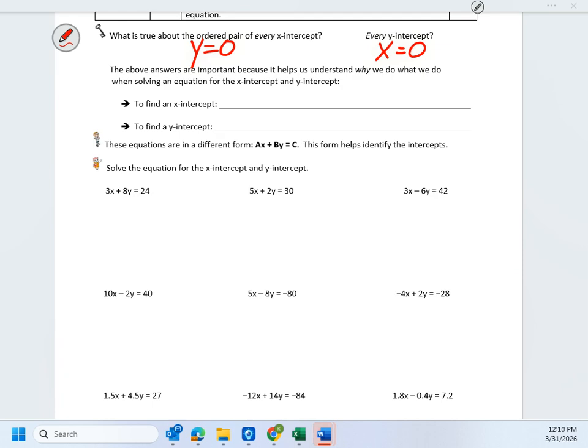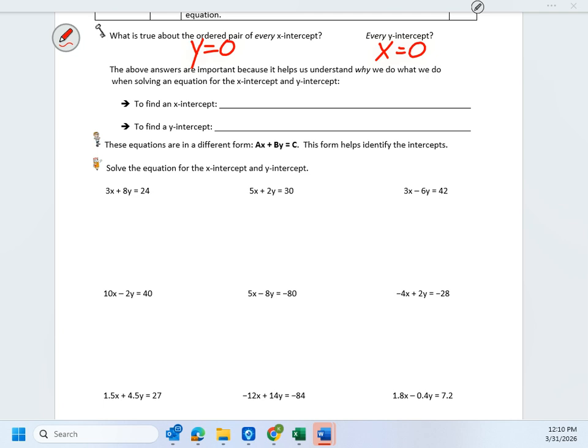This is important to know and to remember because we're going to be using equations with X's and Y's and those intercepts. Okay? So the above answers are important because it helps us understand why we do what we do when solving an equation for the X-intercept and Y-intercept.